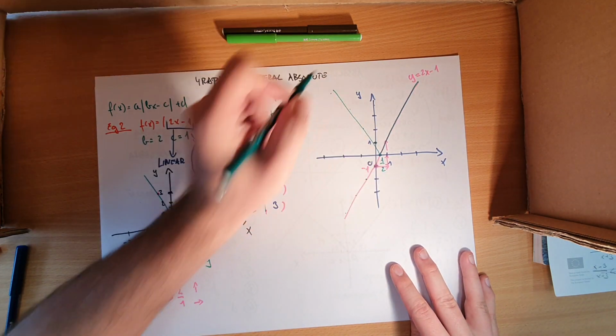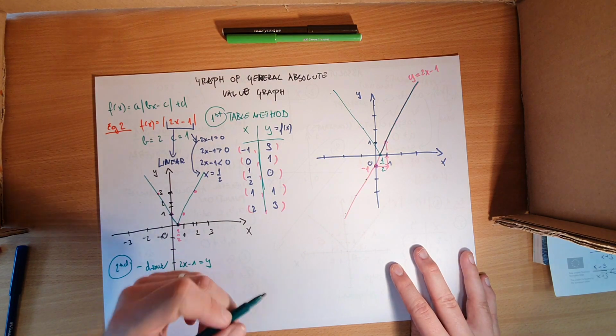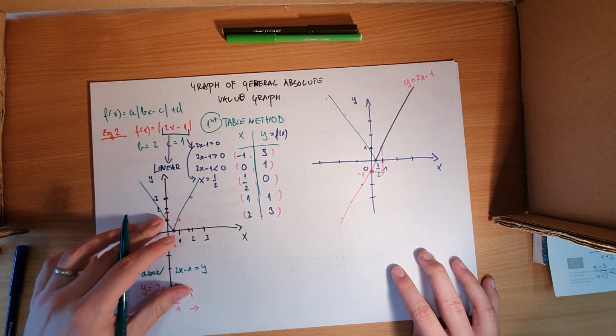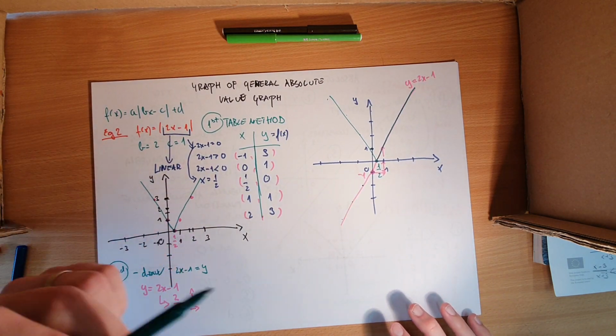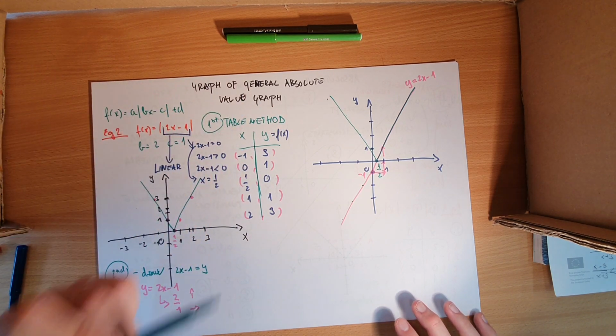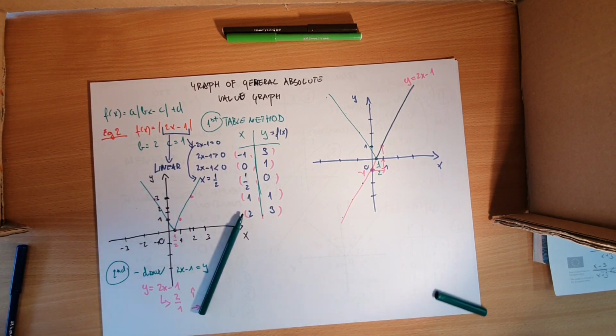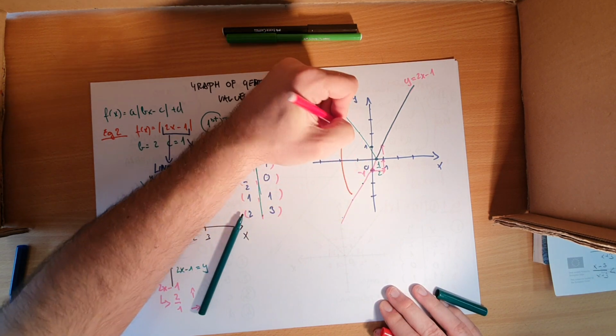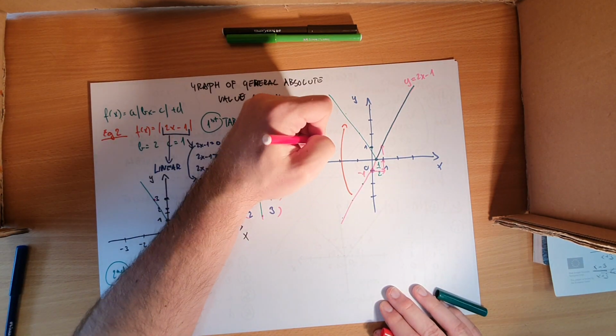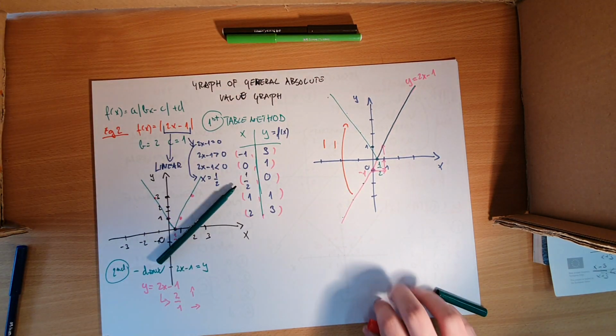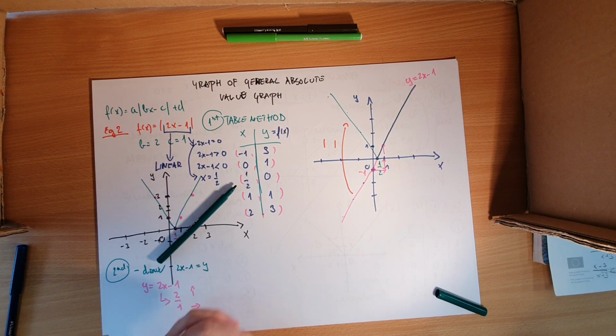Now this is just a sketch, it should have gone through 1, but I've missed it. And this is what absolute value does. Everything that is negative, absolute value transforms into the positive. And now you're done. This is the second method.